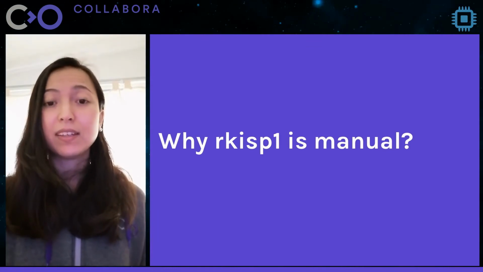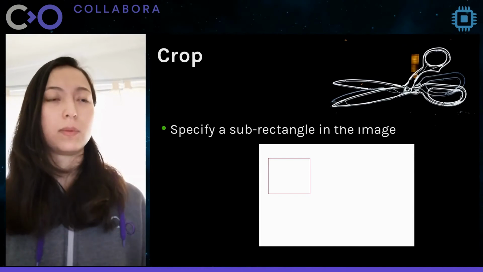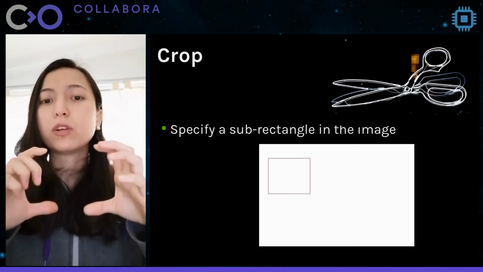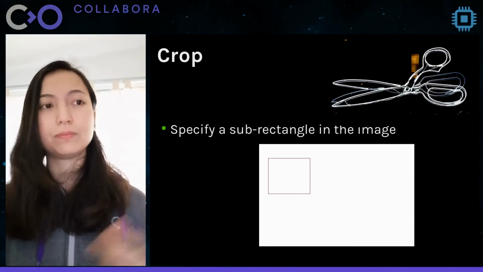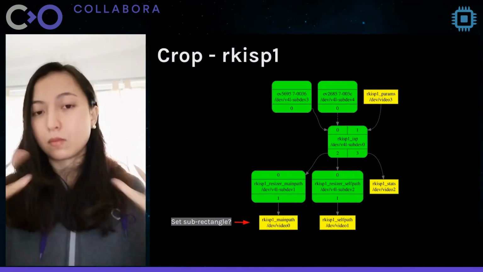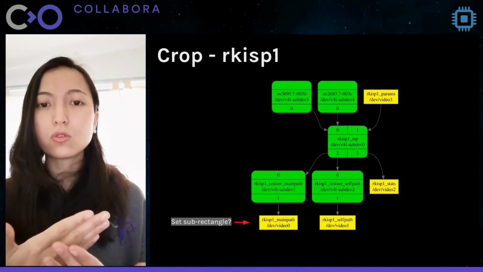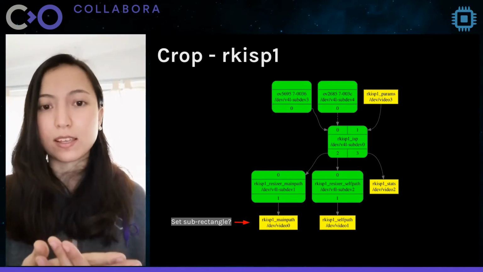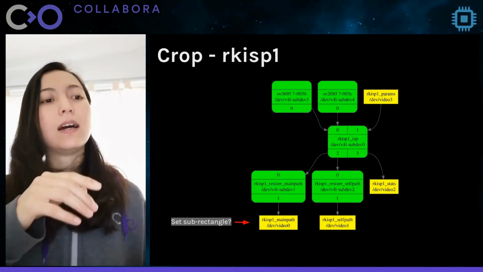Why is RK ISP manual? To answer this, I want to talk a little bit about crop. So how do you crop the image? You just select a subrectangle in the main image, the sub-image that you are interested in. The media subsystem allows you to expose an API that allows user space to select a subrectangle on all the pads actually.